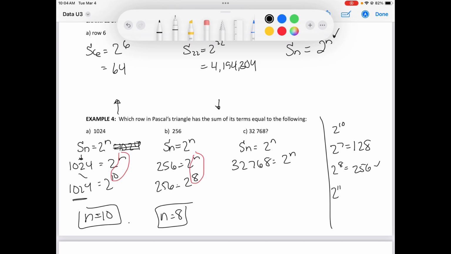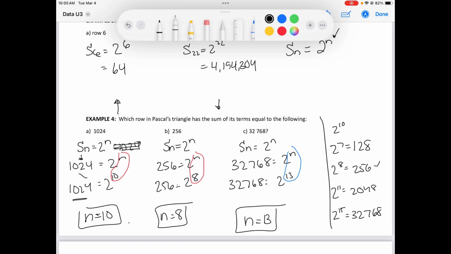So let's do 11. 2 to the 11 is 2048. 2 to the 12, 2 to the 13, 14, 15. I just did these on my calculator. 2 to the 15 is 32,768. If you think about these numbers equaling each other, we can simply put n equals 15. The 15th row has a sum of 32,768.